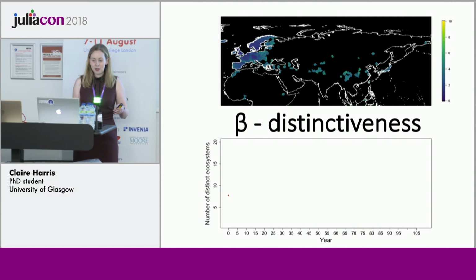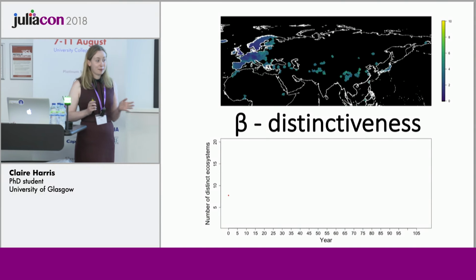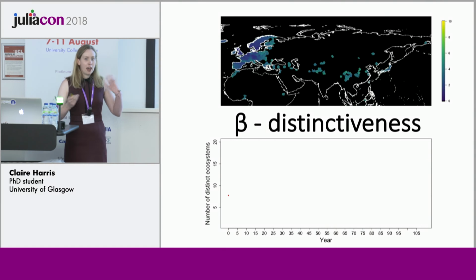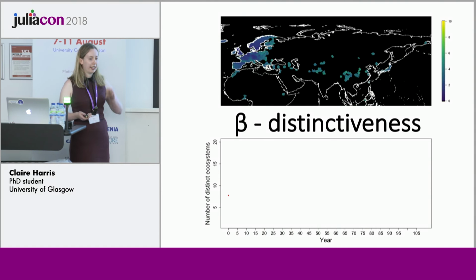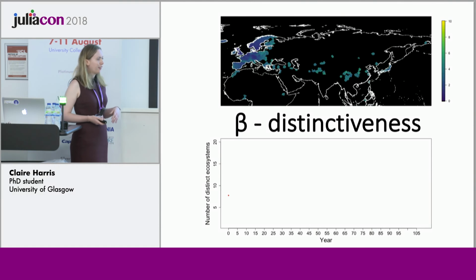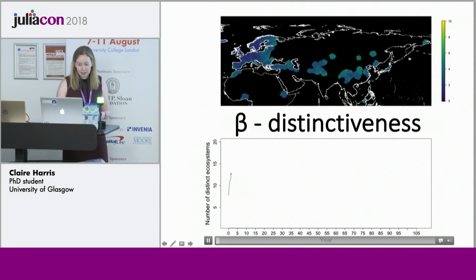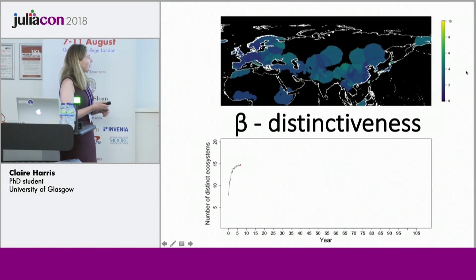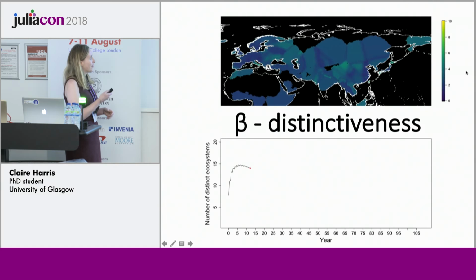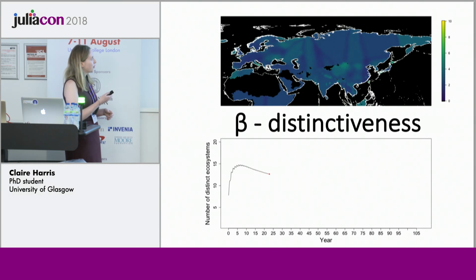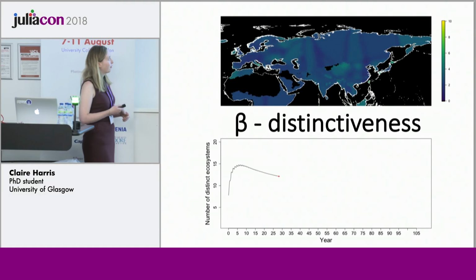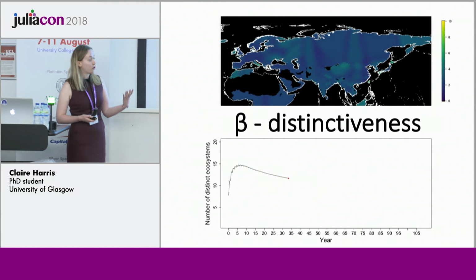Okay. But I also talked about various different aspects of biodiversity that we could look at. So rather than looking at just the diversity in the patch, we could look at how different it is from the surrounding area. So we can do something like this. What you see is that actually Europe doesn't show up so much, and there are more patches across the rest of Asia that we see more strongly.